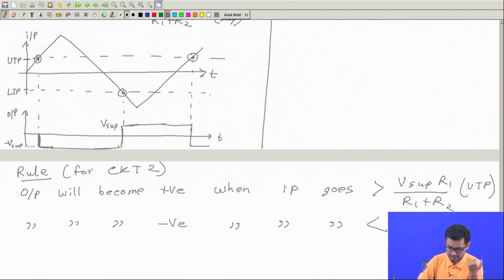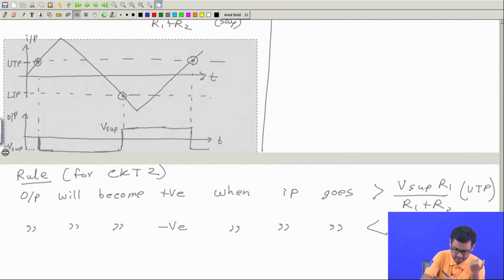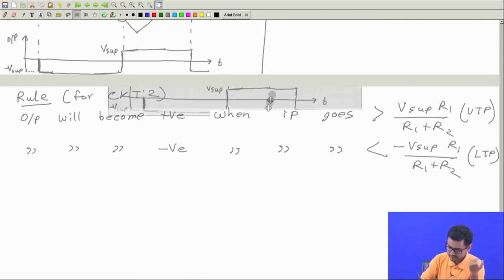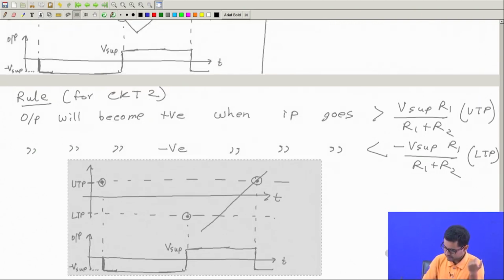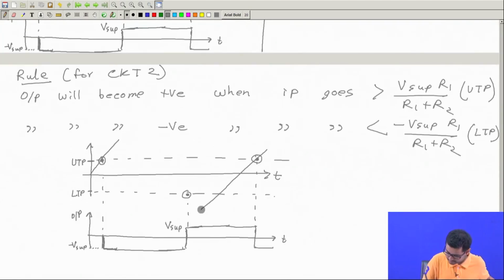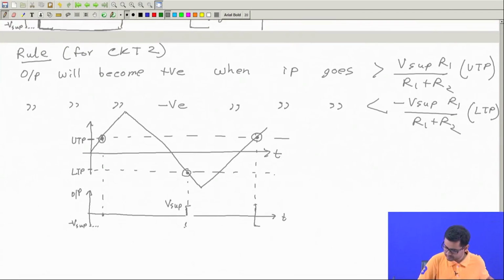Once again, if I give this input, the question is how will the output look like? Okay.